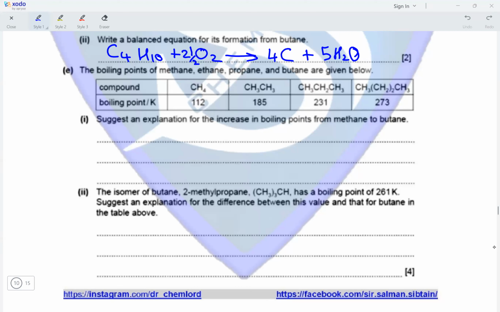The boiling points of methane, ethane, propane, and butane are given below. So the boiling points are increasing. Suggest an explanation for the increase in the boiling points from methane to butane.